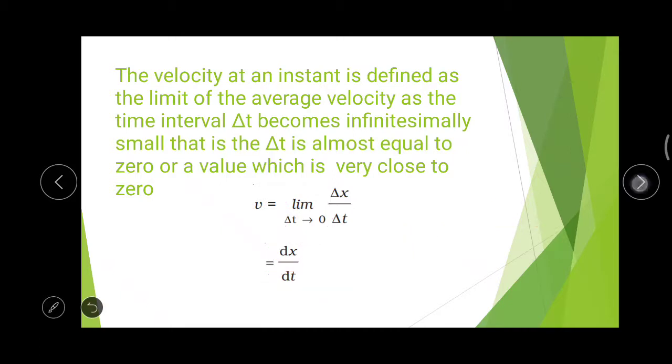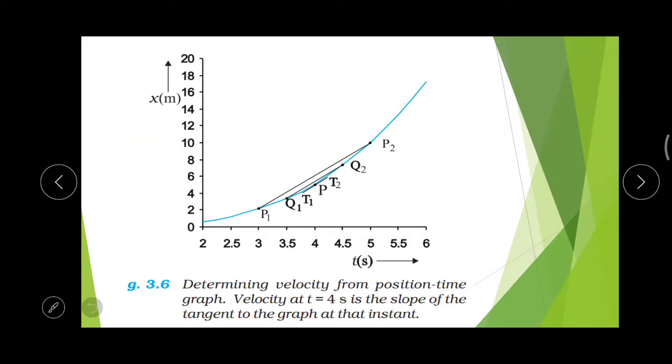Now with the help of the graph we can explain that. In yesterday's session we discussed that if a graph is given and you want to find the average velocity, you just consider two points in the graph and join them.